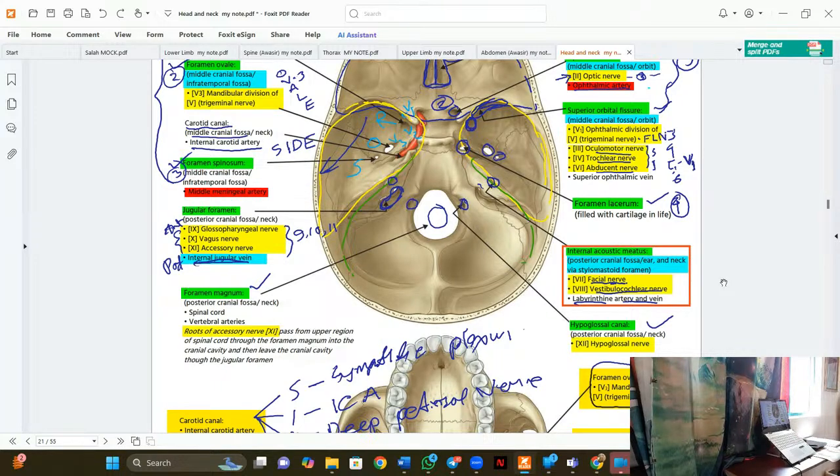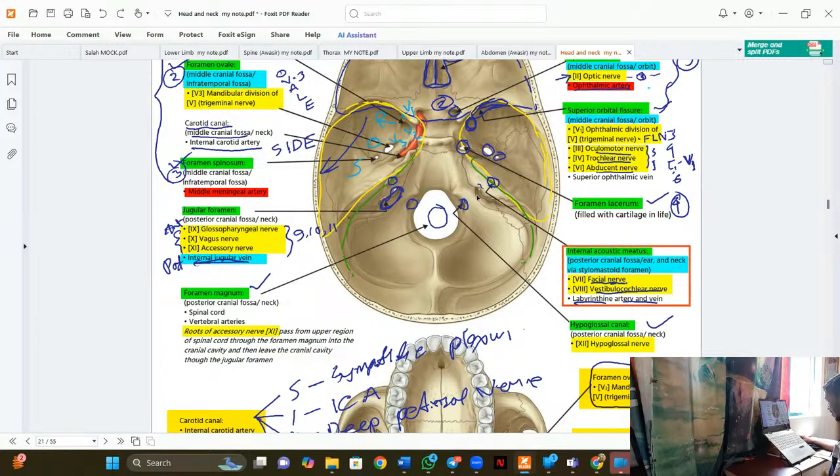Internal acoustic meatus transmits the facial nerve and vestibulocochlear nerve, along with the labyrinthine artery and vein.